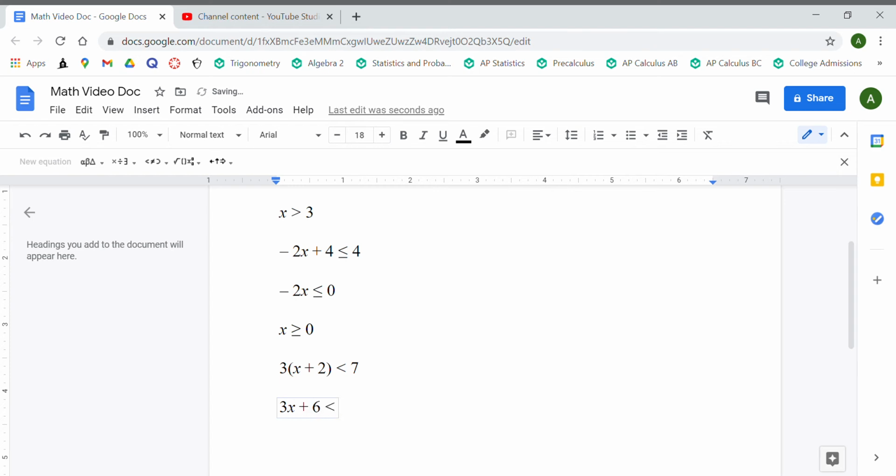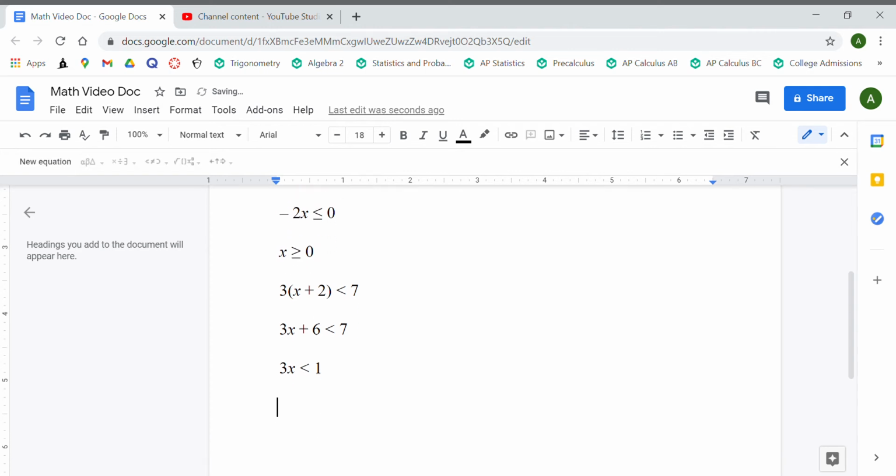So less than 7. Subtract 6 on both sides, we get 3x is less than 1. Divide each side by 3, you should have x is less than. Oh, divide by 3. I literally just gave the answer away. But yeah, that was just a bounty anyways. So x is less than 1/3.